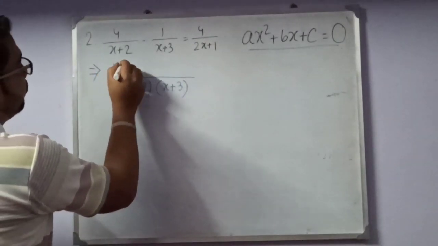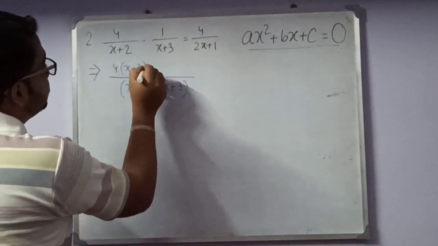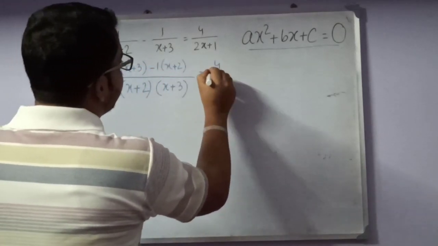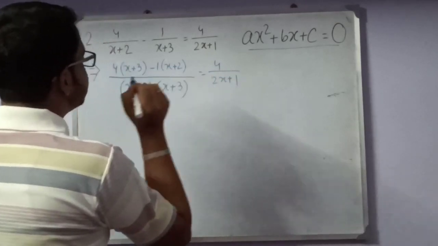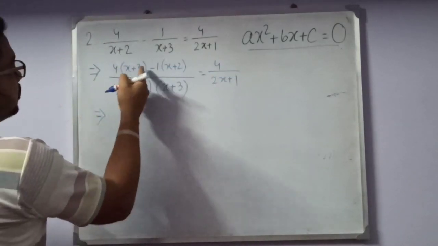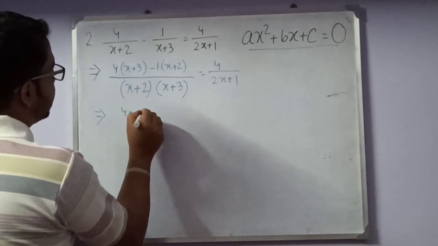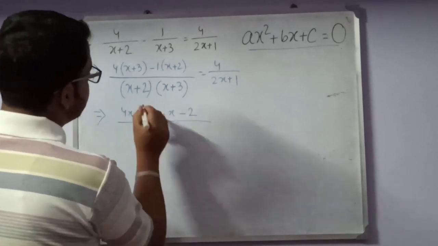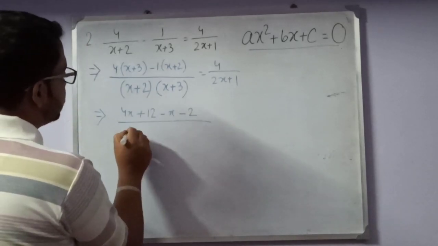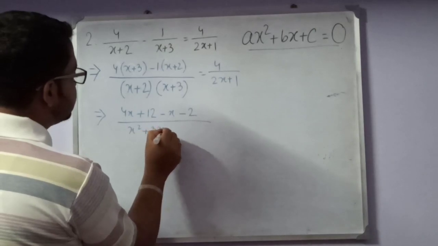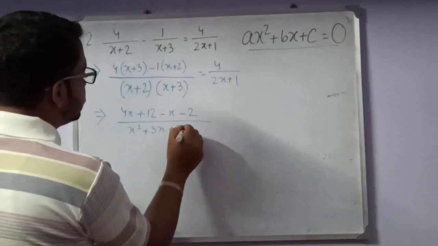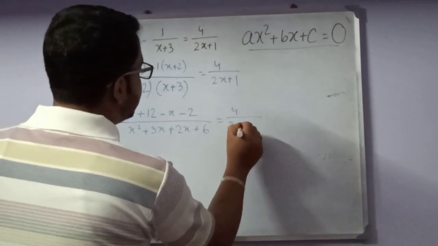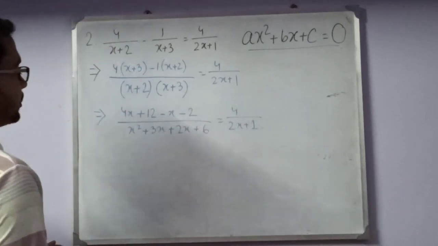So 4 into x plus 3 minus 1 into x plus 2, equals 4 upon 2x plus 1. 4x plus 12 minus x minus 2, and multiply these two: x² plus 3x plus 2x plus 6 is equal to 4 upon 2x plus 1.